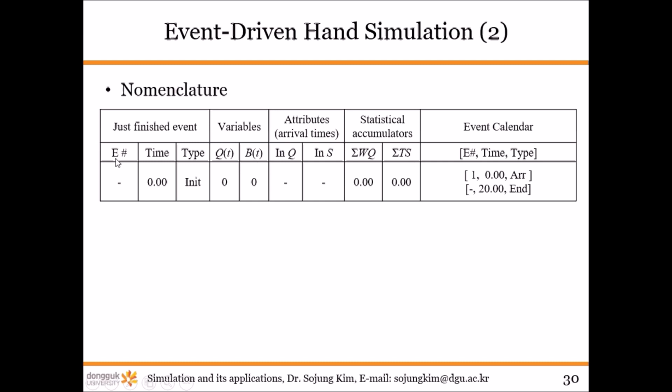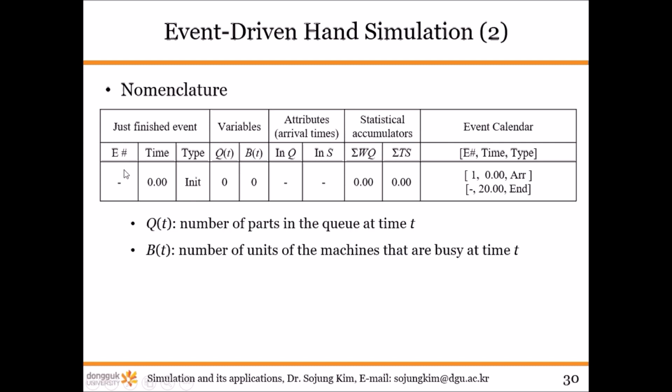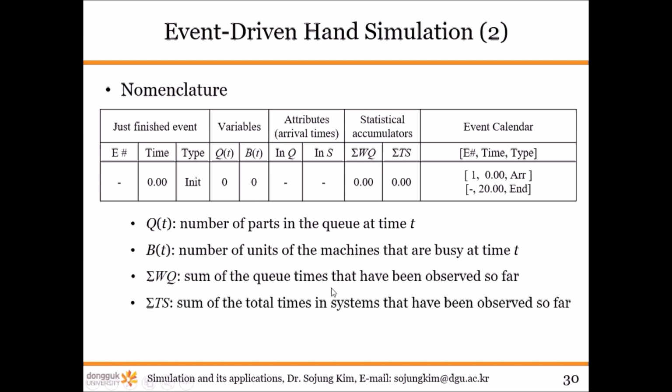Q(t) is the number of parts in the queue at time t, and B(t) is the number of units of machines busy. The Wq is the sum of the queue times that have been observed so far, and the sigma Ts is the sum of total times in the system that have been observed so far.